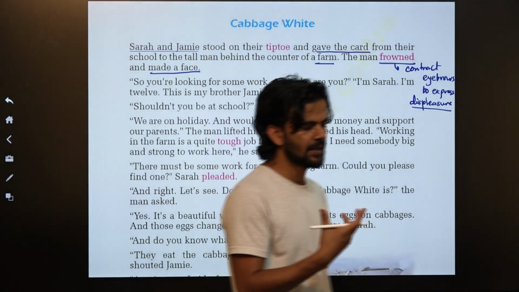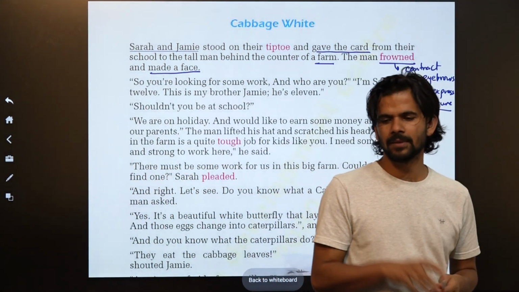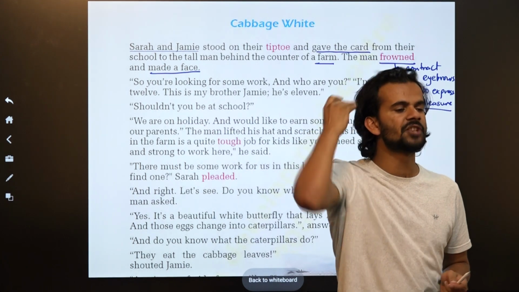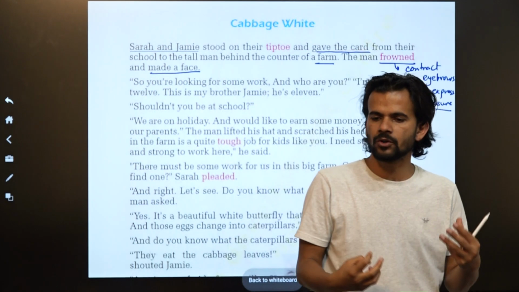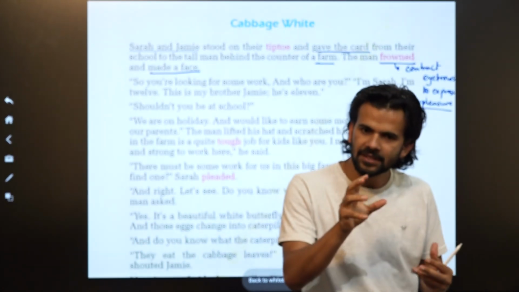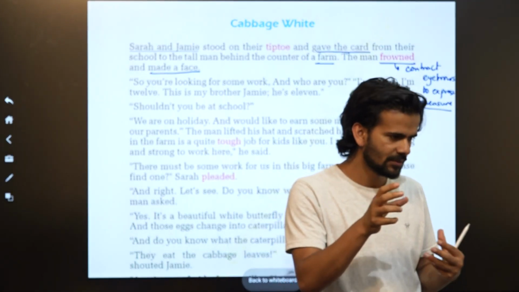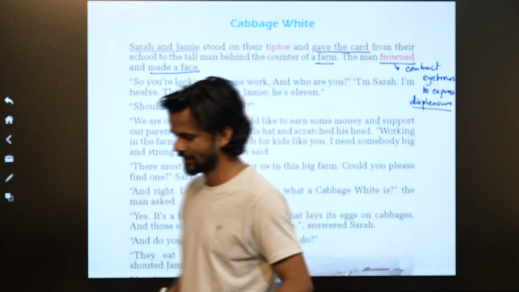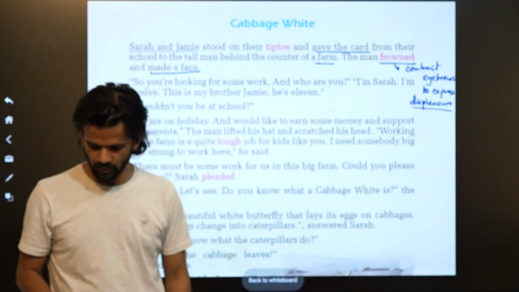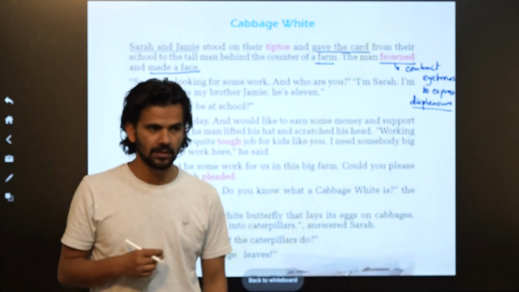He made some kind of face. So when somebody is trying to reject something or is showing displeasure, what do you see? They make a different face, right? You have to be an actor to show that, but I'm not an actor, so I'm not able to show it. But you want to make a face.